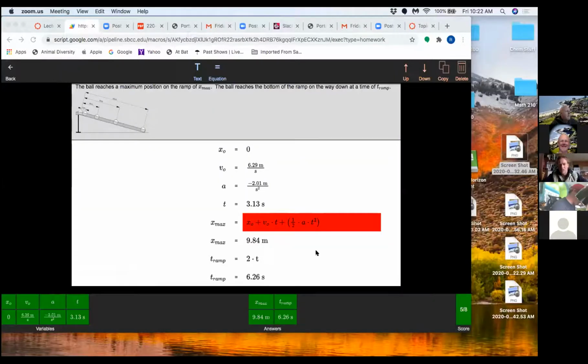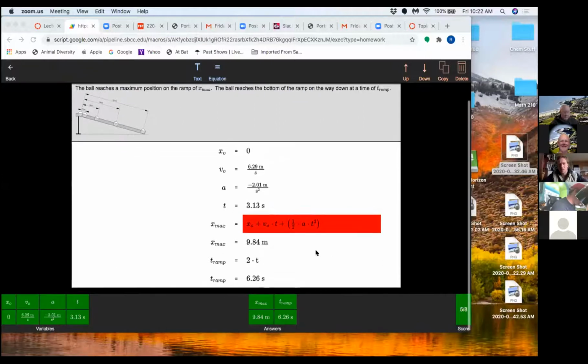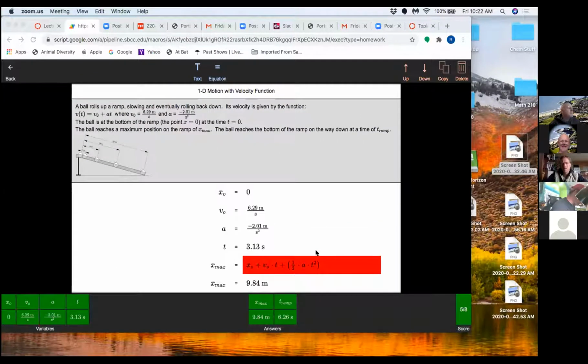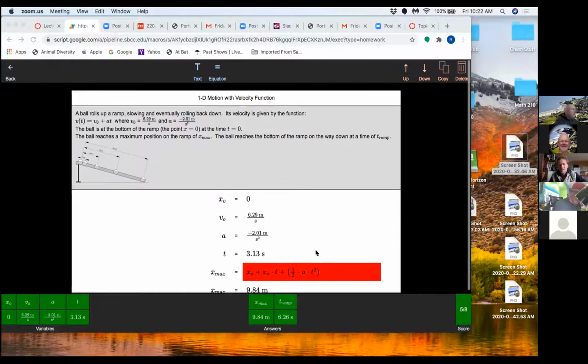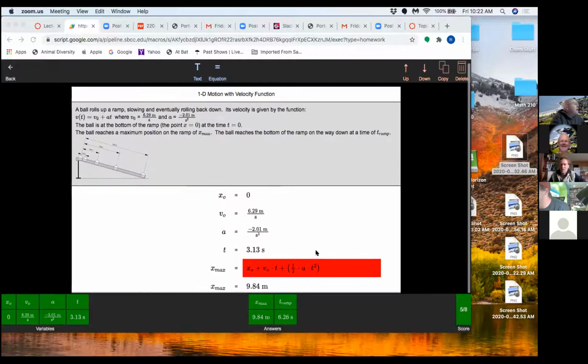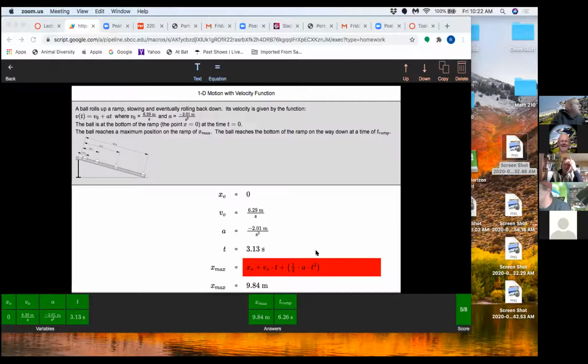So this is the problem. It's another 1D thing where I've found the correct answer and everything. I just have a sort of conceptual question I would like a little clarification on. Now that I wrote it down here, I'll leave it on the screen. I'm going to read it on my bigger screen. A ball rolls down a ramp slowly, and eventually it's going up the ramp, slowing and eventually rolling back down.